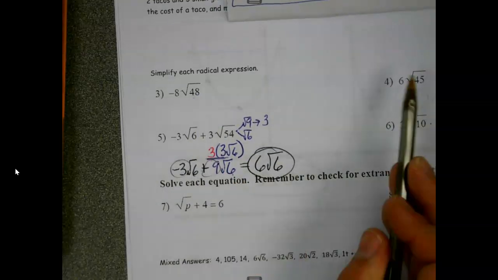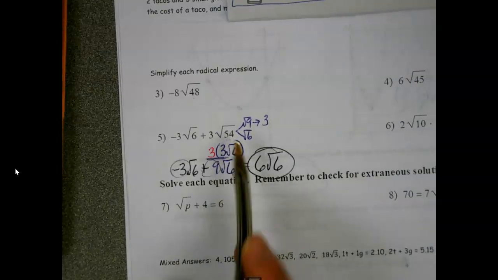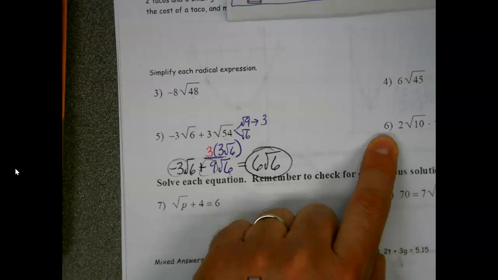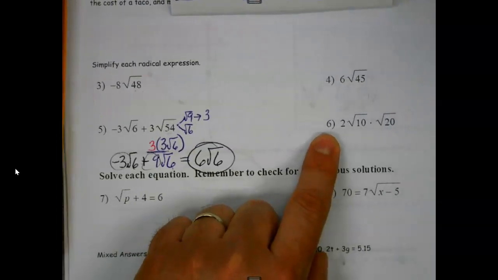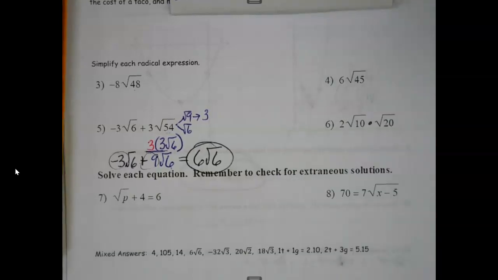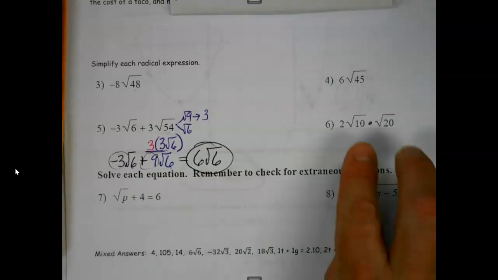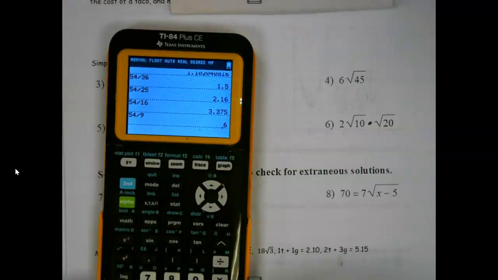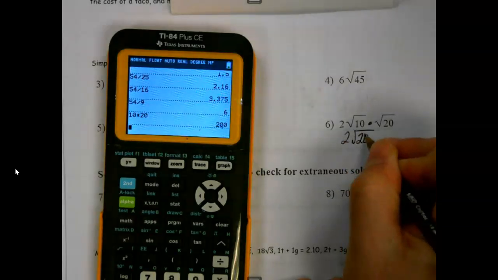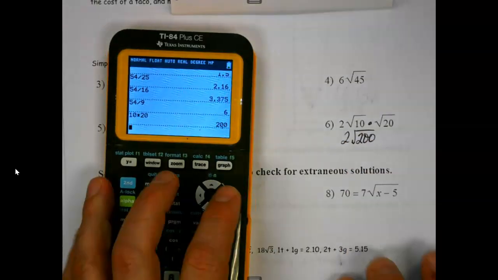So these first two up here, you're just going to do the breakdown like we did here. You're going to be done. When you're dealing with number 6, let's say, though, and that is a multiplication dot there in the middle, which means we're going to multiply those two numbers together first. Multiply the insides, multiply the outsides.